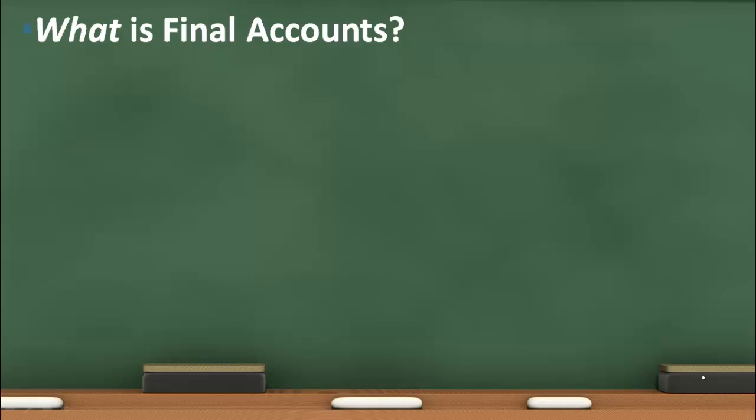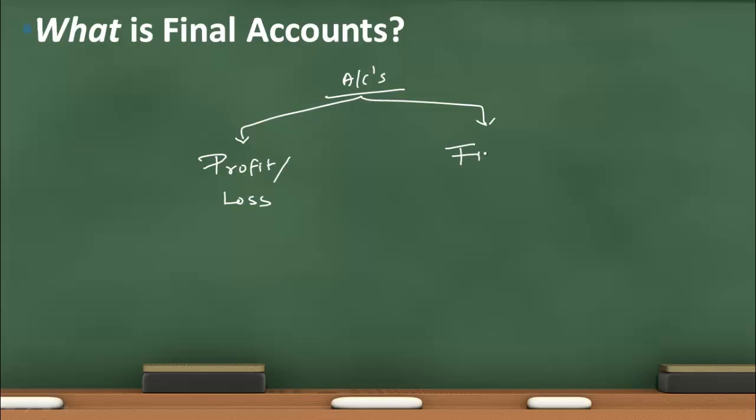So before answering that, let us answer ourselves a fundamental question as to why every company prepares accounts. The companies prepare accounts for one fundamental reason, that is to know whether they are making profit or suffering loss. And the other fundamental reason is to know what is their financial position.